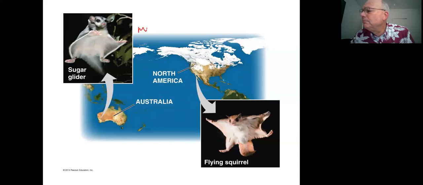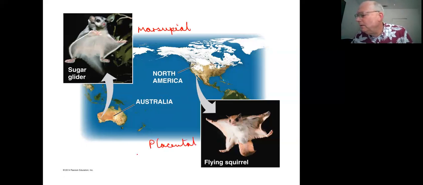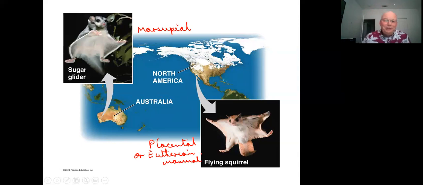Marsupials and placental or eutherian. Now, as mammals, they share a common mammalian ancestor, but the direct ancestor of the sugar glider is a marsupial and the flying squirrel is a eutherian mammal.